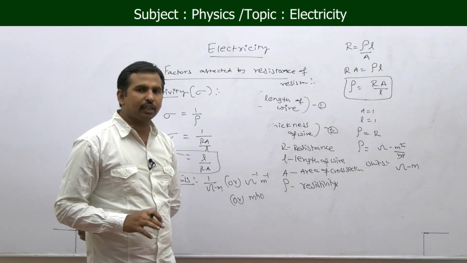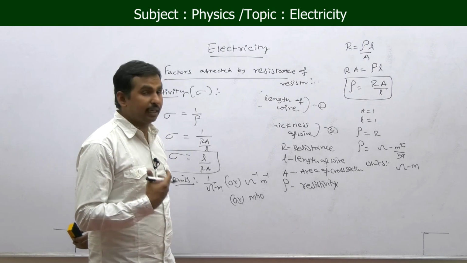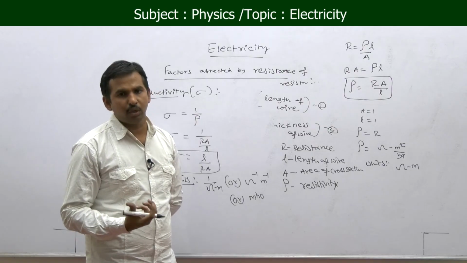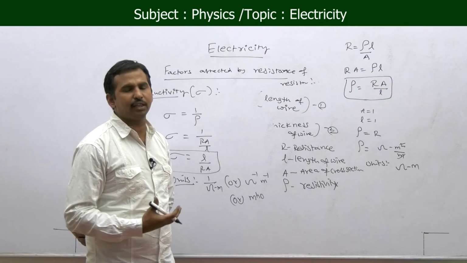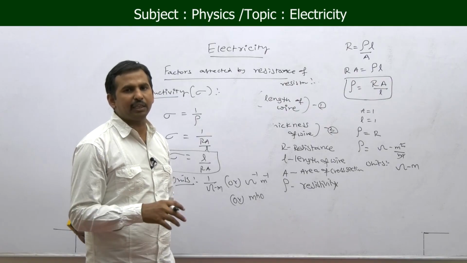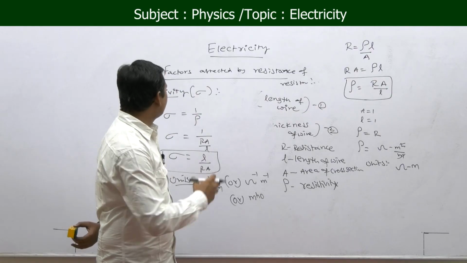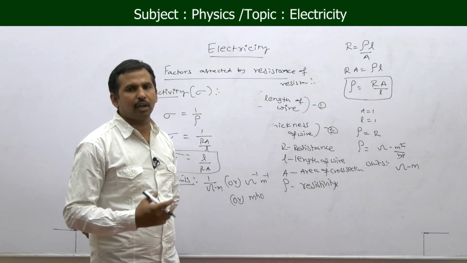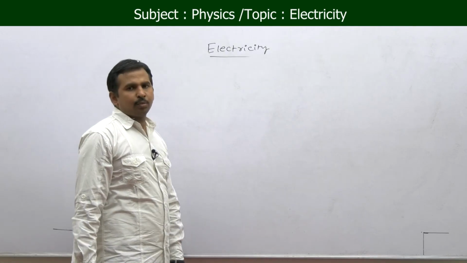And for an ideal conductor, the conductivity value becomes infinite, so the resistivity becomes 0. In the same way, if the resistance is infinite for an ideal resistor, then its conductivity, 1 by infinite, becomes 0. That is about the conductivity and resistivity of the given conducting wire.